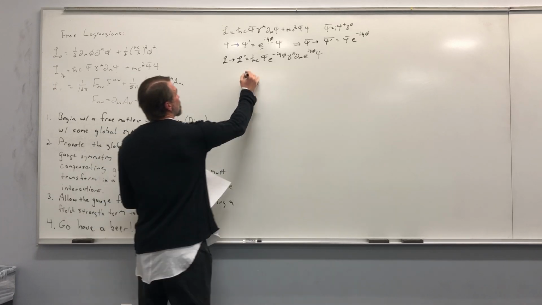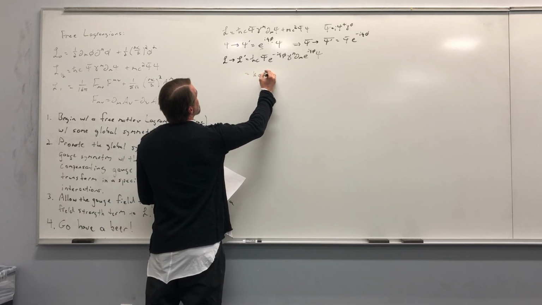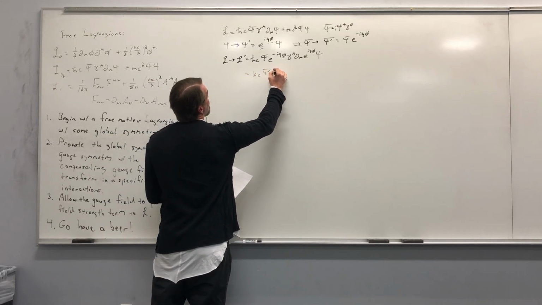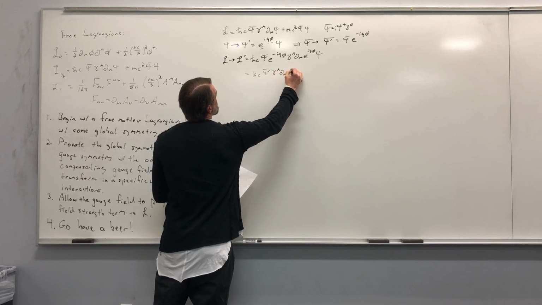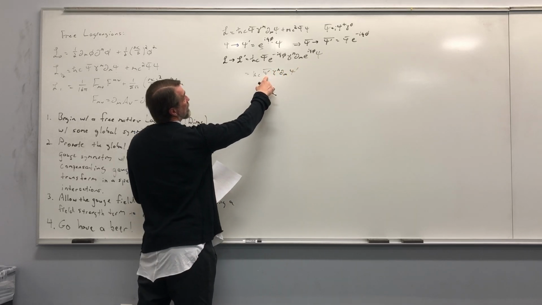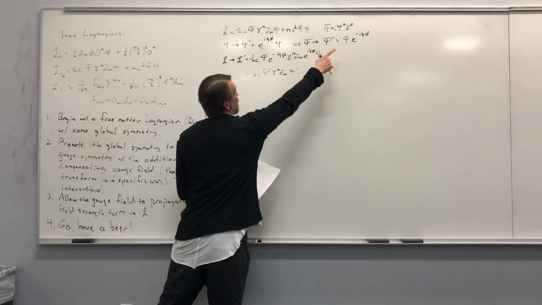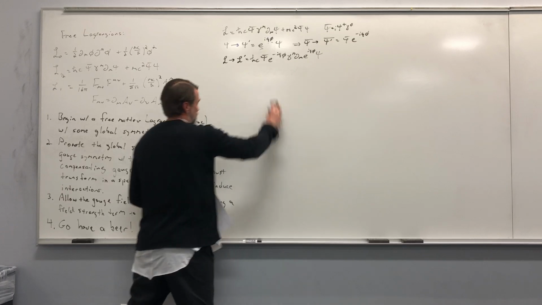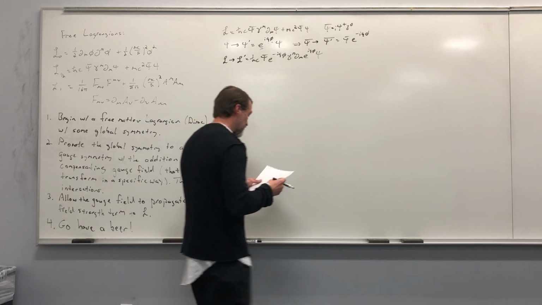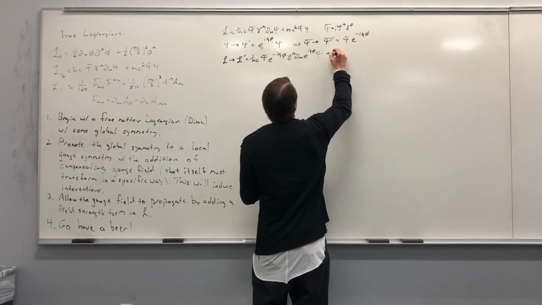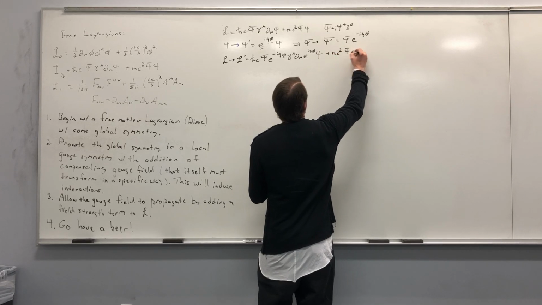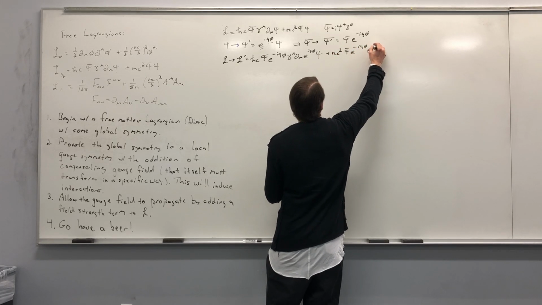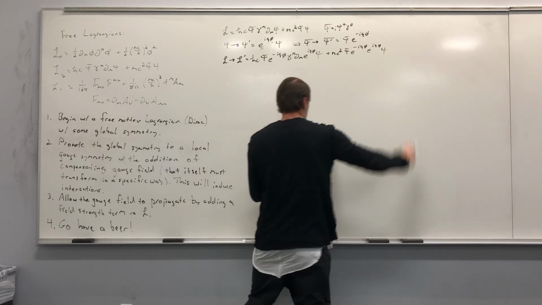I could have written this as h bar c psi bar prime gamma mu d mu psi prime, but I'm just plugging in what psi bar prime and psi prime look like, a little shorthand. Plus, of course, m c squared psi bar e to the minus i q phi e to the i q phi psi.